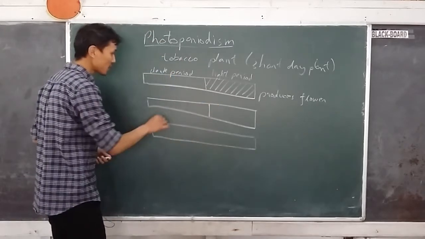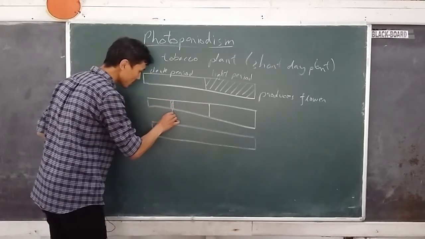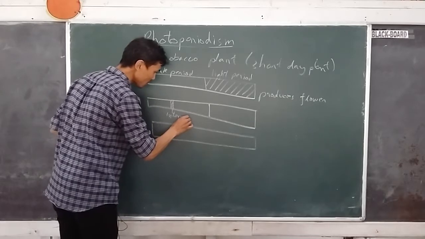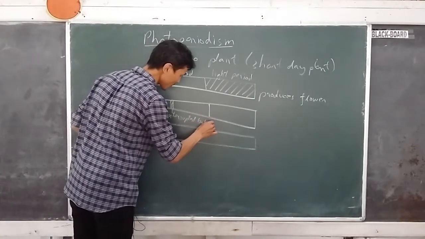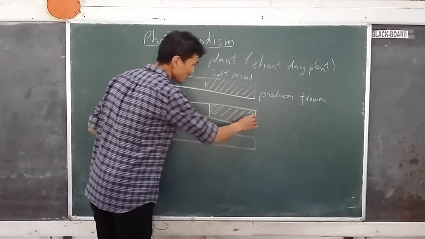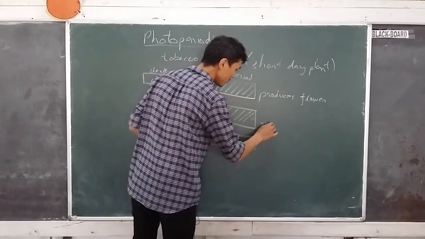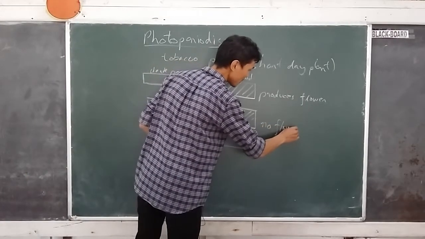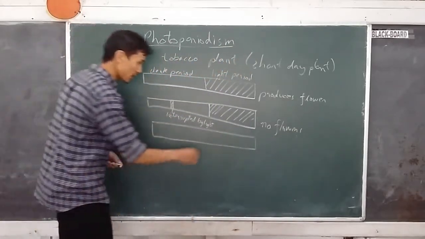Now what happens is, the dark period is being interrupted by light. Now in this particular case, the tobacco plant does not produce flowers because the dark period was interrupted by light.